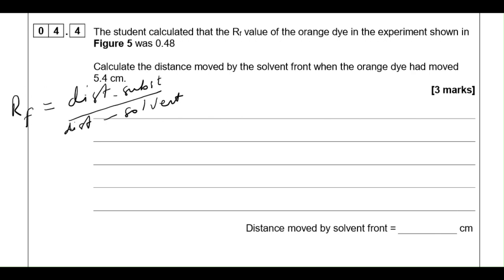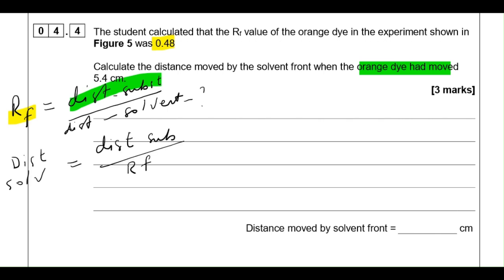The RF, the retention factor, is the distance travelled by the substance divided by the distance travelled by the solvent front. We're given the RF, that's 0.48. We're given the distance moved by the orange dye, the substance, that's 5.4 centimetres. Our challenge is to work out the distance moved by the solvent front, so we need to do a bit of rearranging of a formula.